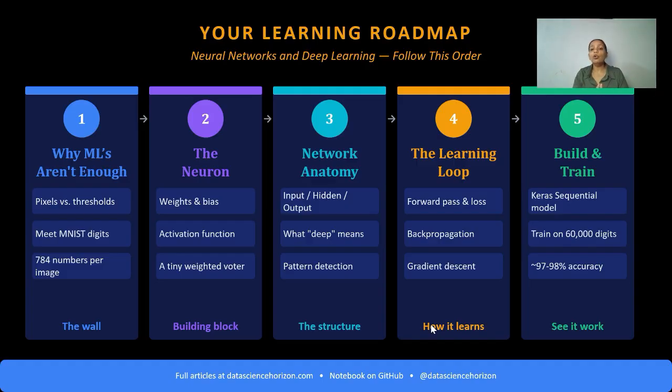Third, understand neural network anatomy: input layer, hidden layers and output layer, and what deep in deep learning means. Fourth, understand and explore the learning loop: forward pass, loss, backpropagation and gradient descent. And fifth, actually building and training the model in Keras on 60,000 digits, reaching roughly 97 to 98% accuracy, and try modeling the neural network with different numbers of hidden layers and epochs to improve the performance of the model.